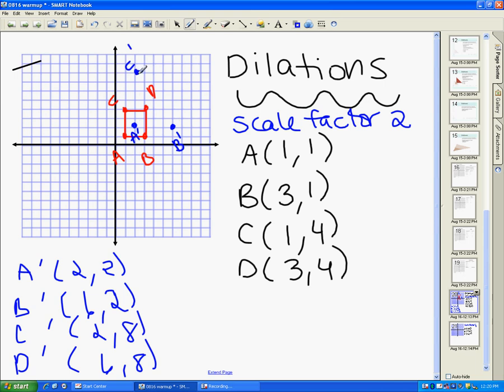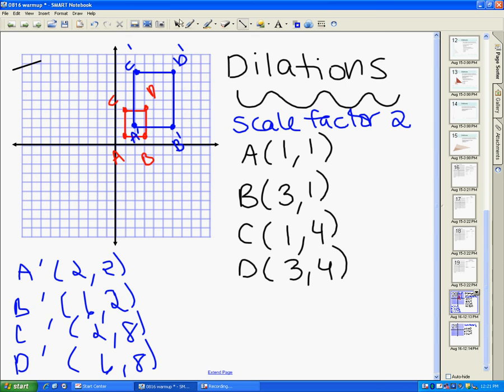And then D prime is at 6, 8, which is right here. And then again, you want to connect the dots, form lines, so you can see the shape. And you can see here, the red rectangle is our original rectangle ABCD, and the blue triangle, or the blue rectangle, I'm sorry, is the dilated rectangle using a scale factor of 2.